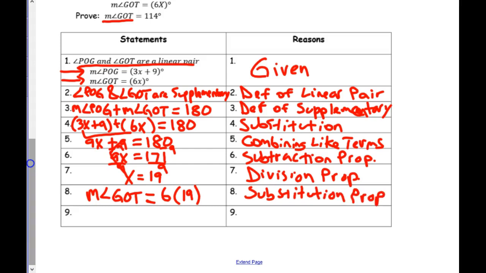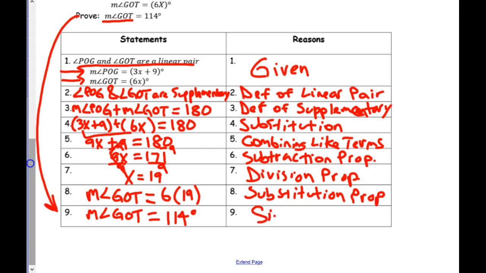And then last step, 6 and 19 are going to multiply, but just so you know, if you're multiplying only on one side, that's called simplifying. This is not multiplication property. So you get 114, which is what we were trying to prove, right? So simplify is the last step. All right.